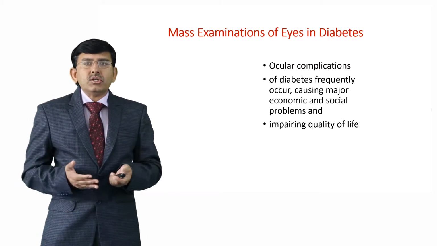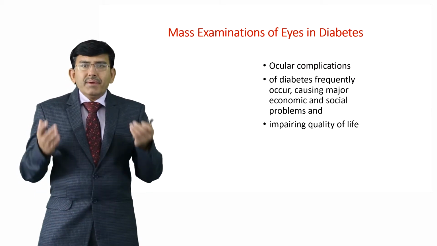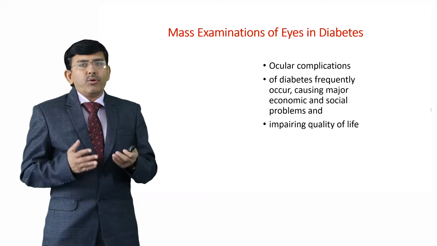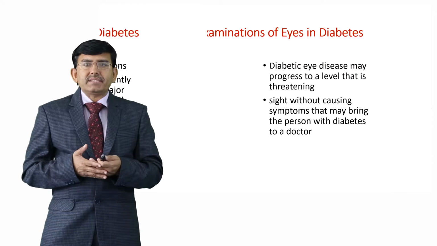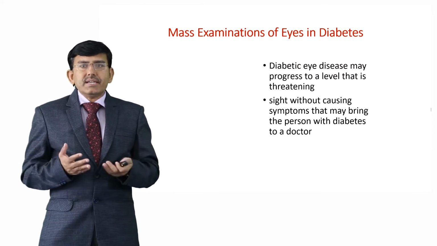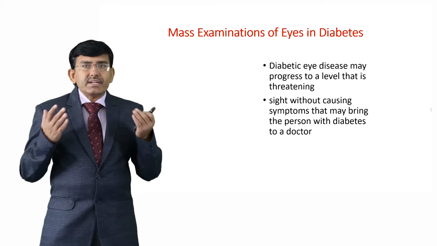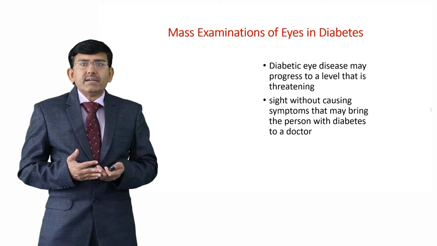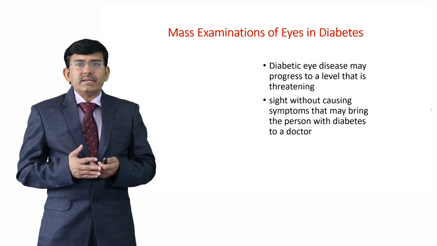Ocular complications of diabetes frequently occur, causing major economic and social problems and also impairing quality of life of subjects. Diabetic eye diseases may progress to a level that is threatening sight without causing symptoms that may bring the person with diabetes to the doctor.